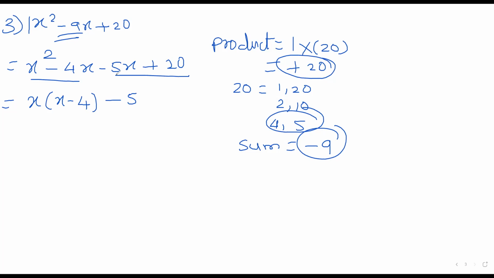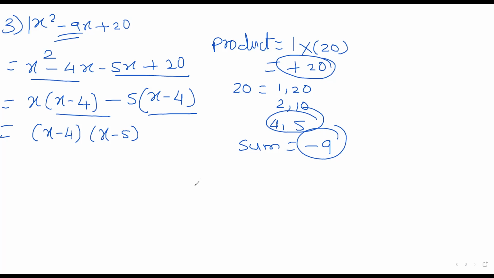Minus 5. Inside the brackets you get x minus 4, because the minus sign is outside, plus becomes minus, always remember. So now you take x minus 4 in one bracket and x minus 5 in another bracket. These are the two factors. That's all. Is it clear? 100%.